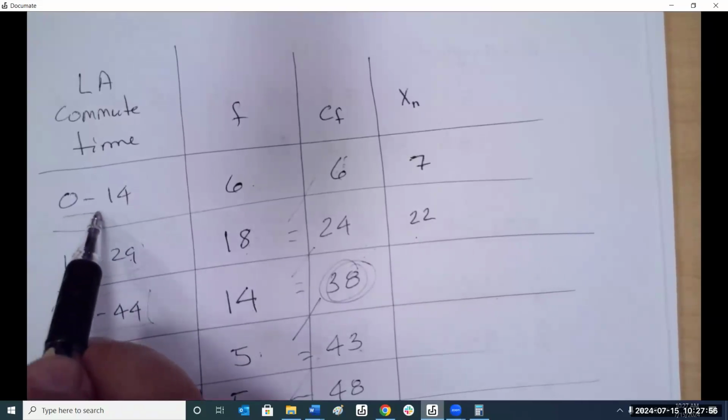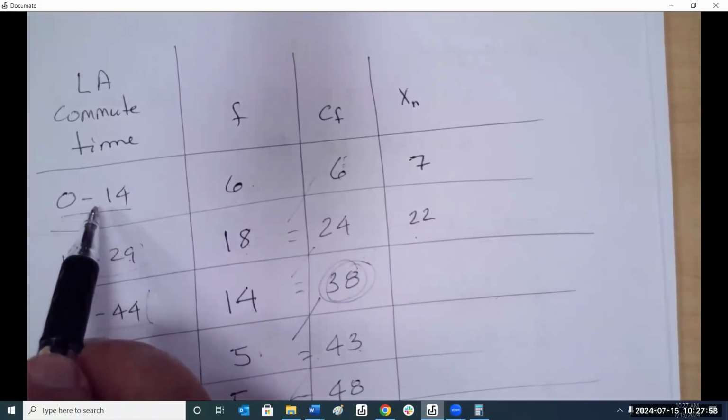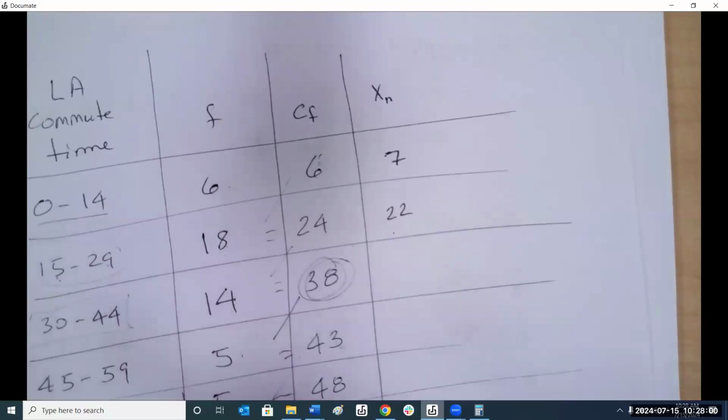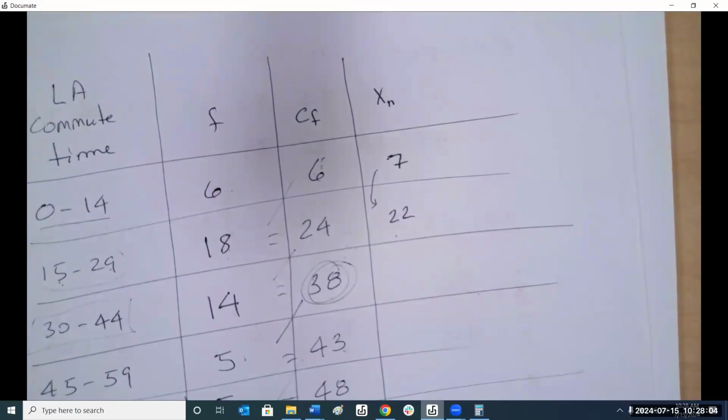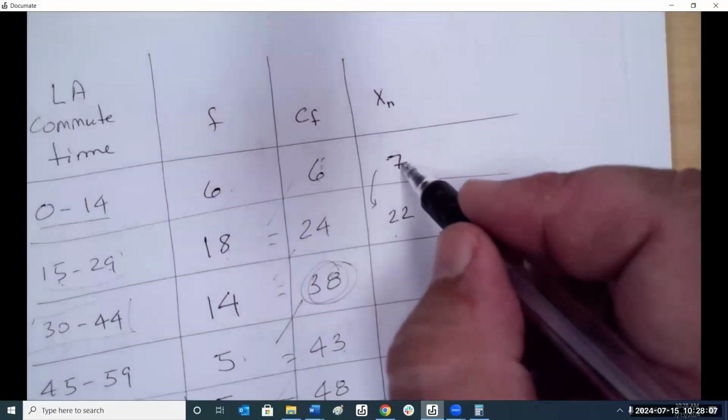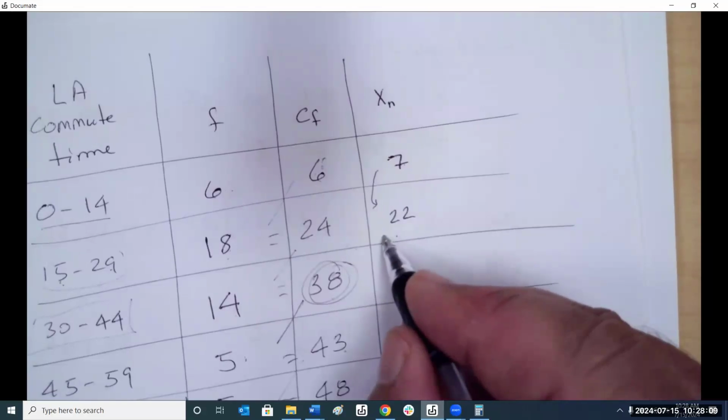Since we know each class is 15 numbers wide, the distance between all of our midpoints is going to be 15. So if we add 15 to 7, we get 22.